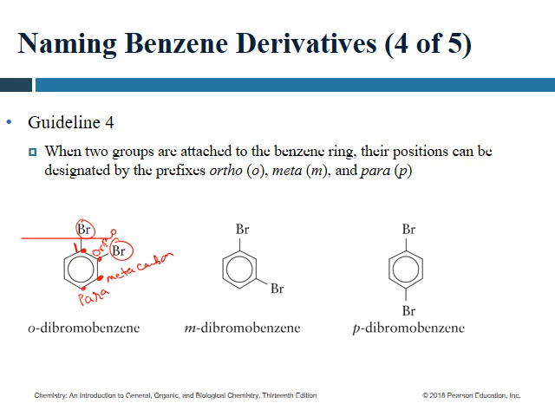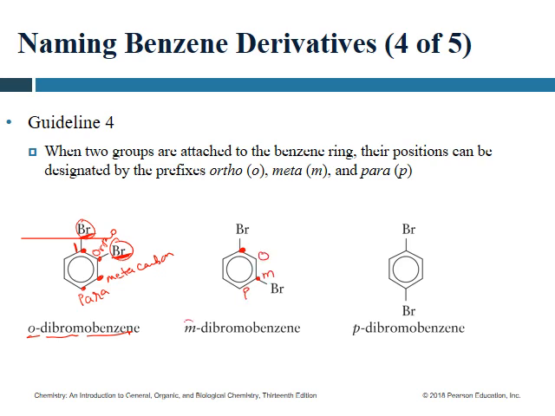So that's why this is called ortho dibromo benzene, means on the ortho position we have bromine as well as on the first carbon we have bromine. So ortho dibromo benzene. In this case this carbon has a bromine and this bromine is over here. So this is ortho, this is meta, this is para.